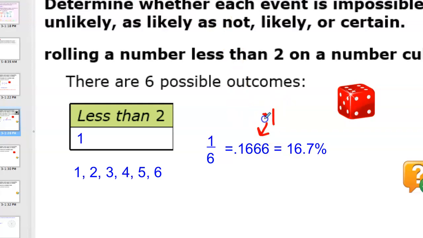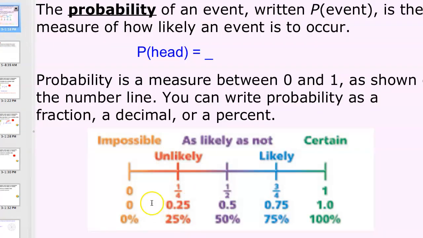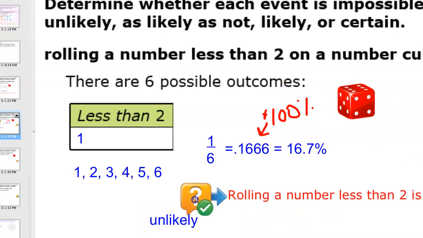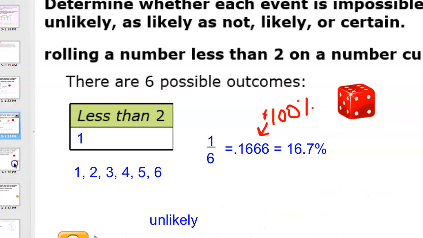And the reason is because, remember, percentages are out of 100, right? 100 is the whole. So you multiply by 100%. So it's 16.7%. Well, if I go back to my chart, 16.7% is not completely impossible, but it's very unlikely because it's under 25%. So we're going to say this is unlikely. It's not impossible that I can roll a number less than 2, but it's unlikely that I would roll a number less than 2.